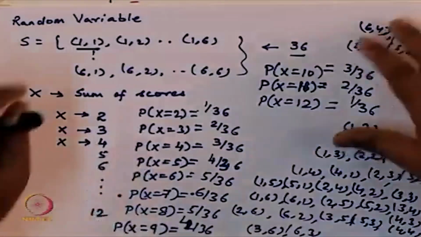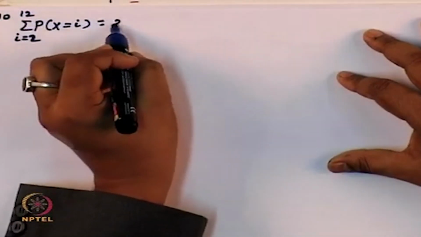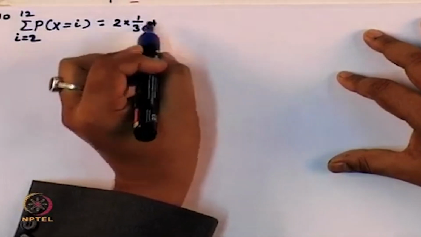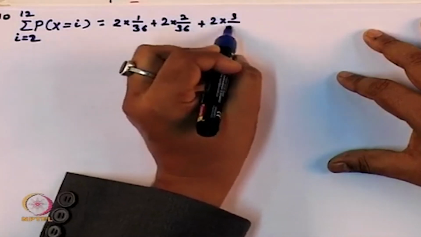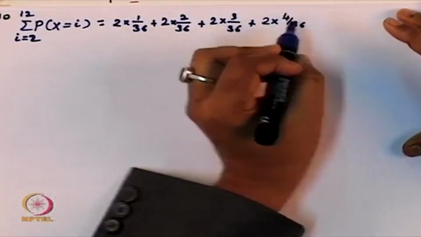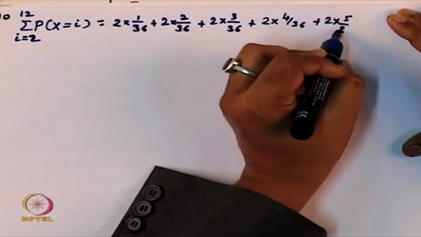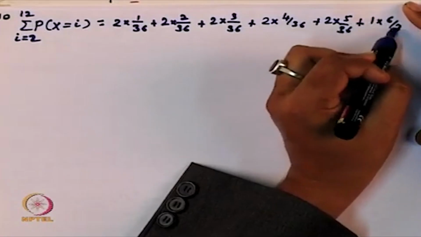Okay. So, if I add these probabilities up, what will I get? I have the summation of probability of x equal to i, with values between 2 and 12, which is nothing but 2 into 1 by 36 plus 2 into 2 by 36 plus 2 into 3 by 36 plus 2 into 4 by 36 plus 2 into 5 by 36 plus 1 into 6 by 36.